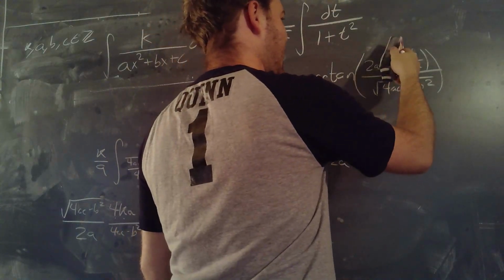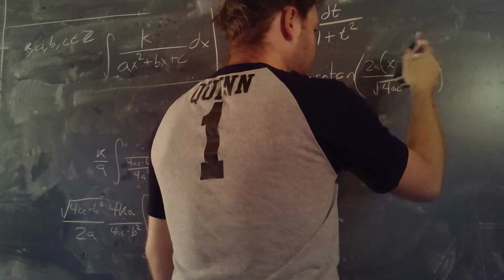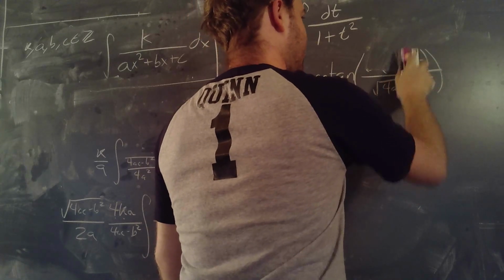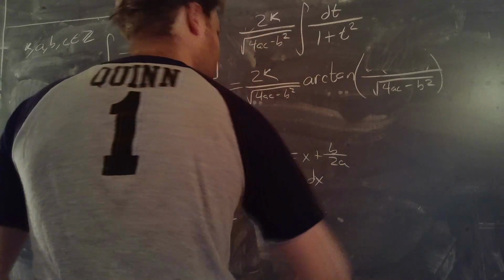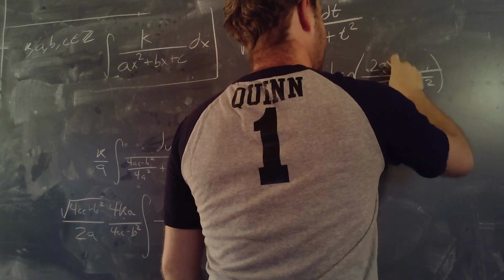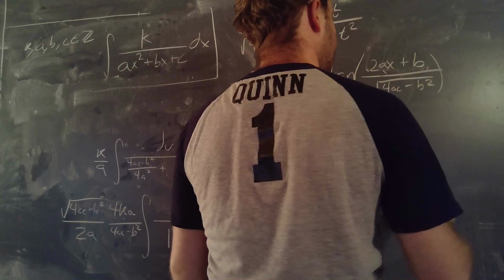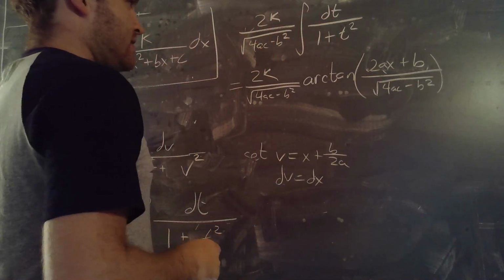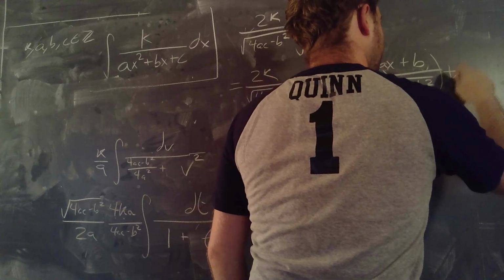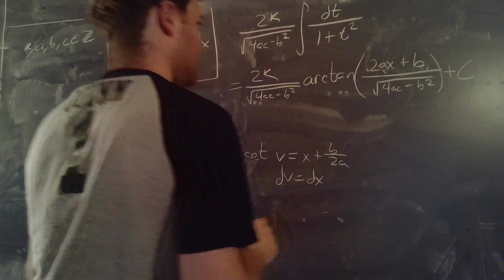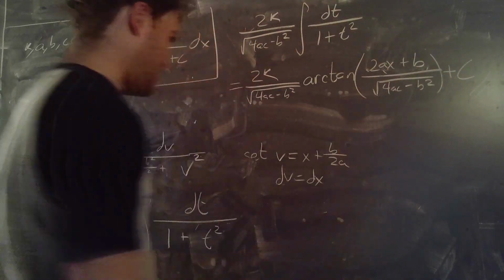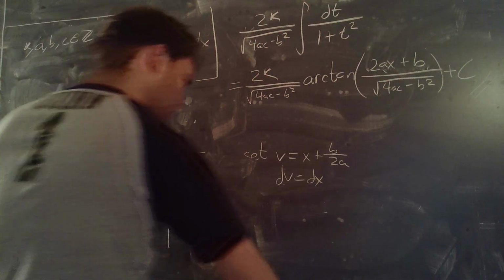That'll give me 2ax plus b, because the 2a's will cancel each other after that distribution. So I will have 2ax plus b, and there we have it, plus c. And there's the result. Cool.